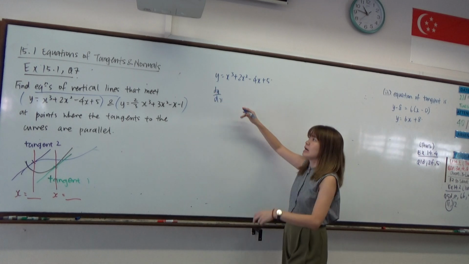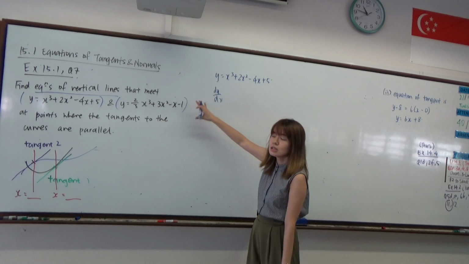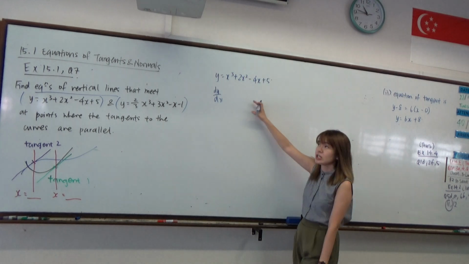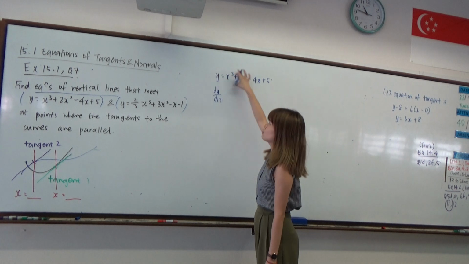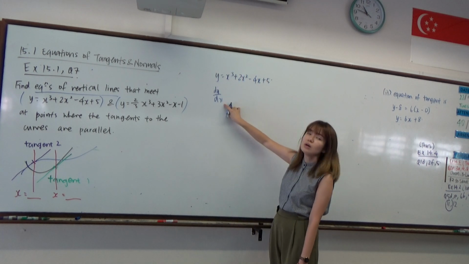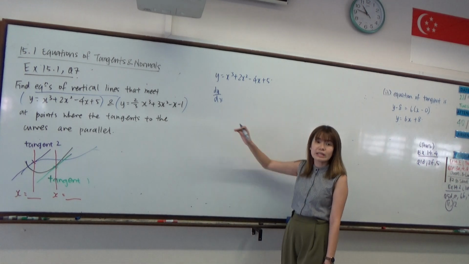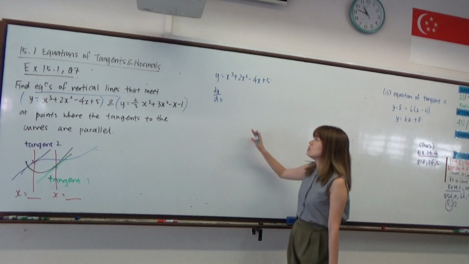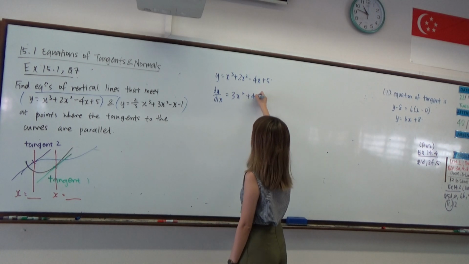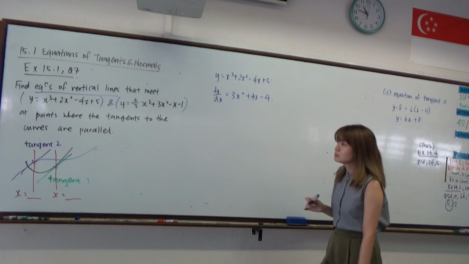So I was telling him that in such cases, it is best to write down the equation that you're trying to differentiate one line before that. Make sure you write the equation that you're referring to, and then write your dy over dx so that it is clear. So dy over dx in this case will be 3x squared plus 4x minus 4.